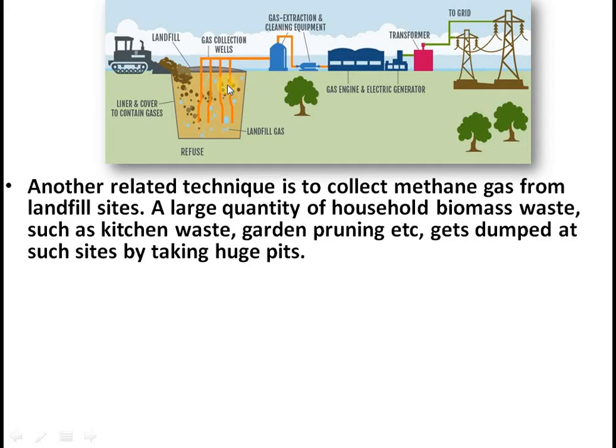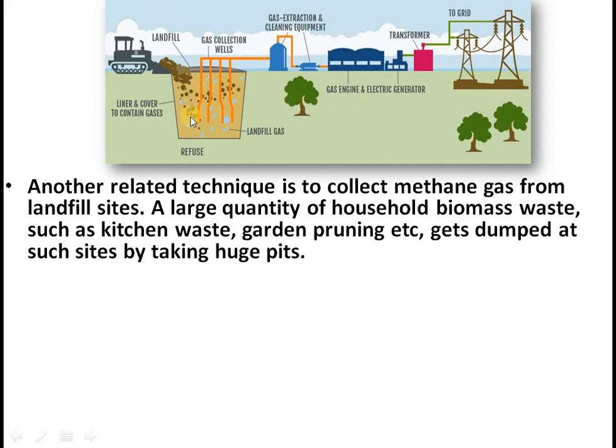These pipes are perforated, meaning full of holes. Through these perforated pipes, methane gas enters and gets collected. That can be used to operate a power turbine. Okay, a gas turbine can be operated.